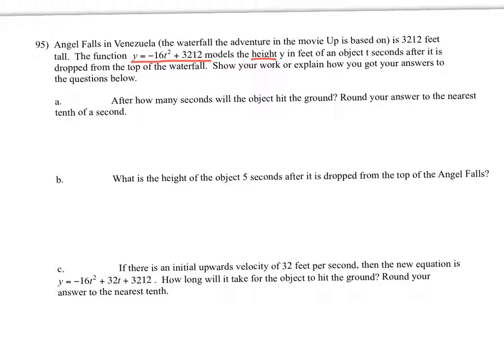So this goes back to when we were talking about quadratic functions and trying to come up with meaning for different ideas. Hit the ground, we want to think about, okay, this is an x-intercept. In other words, this is when 0 is equal to -16t squared plus 3212. The easiest path for us would be to subtract 3212 from both sides.